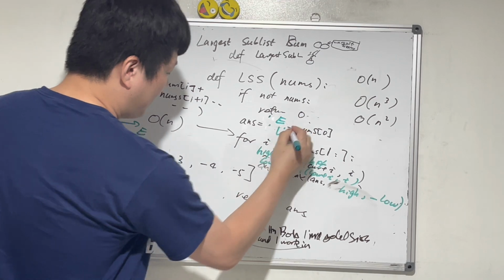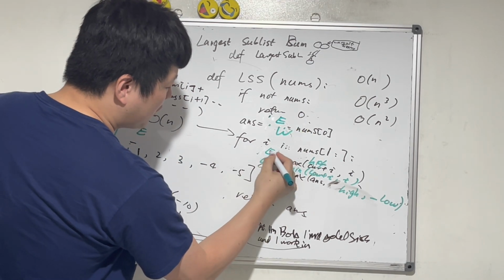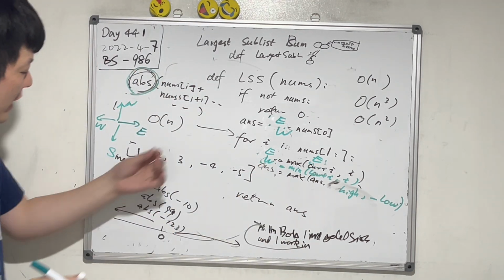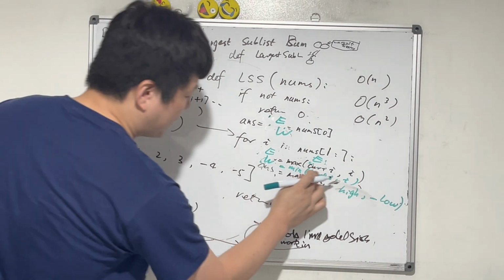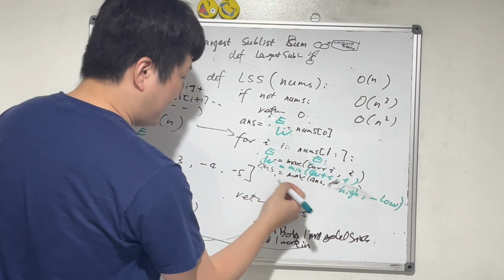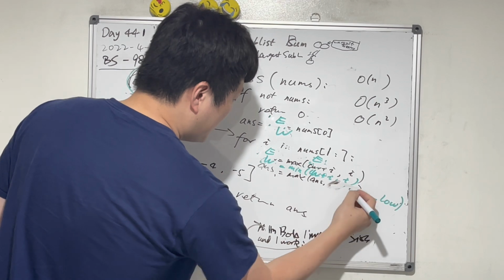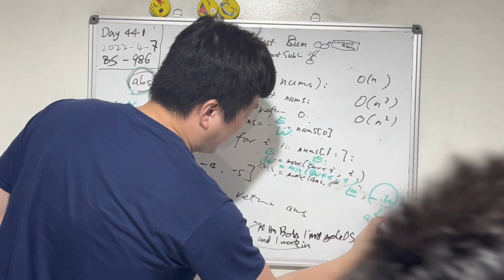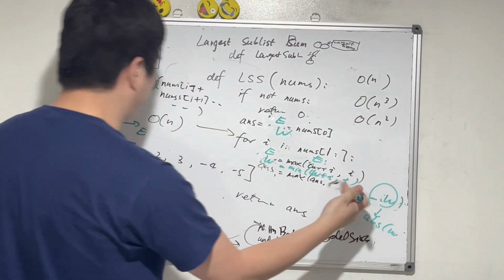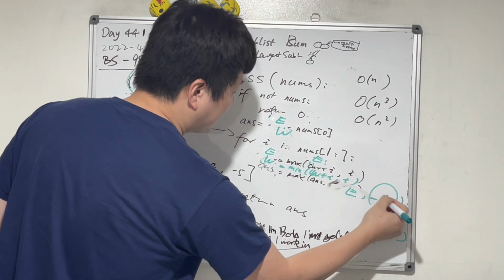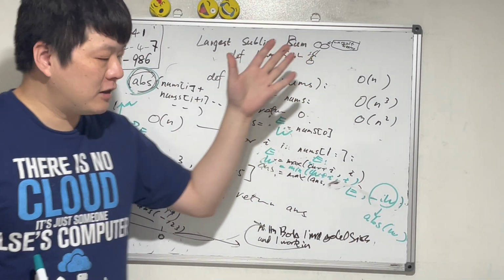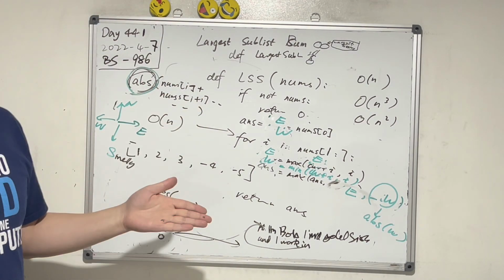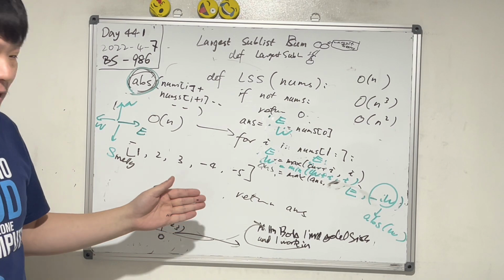East will be the maximum of east plus I. The west will be the minimum, because going left will be the minimum, so minimum of west plus I. Then going east minus going west is the same thing as taking the absolute value, because we know the west will be a negative number, so we just do this minus W. So this is basically the same as applying the Kadane algorithm twice on this problem.